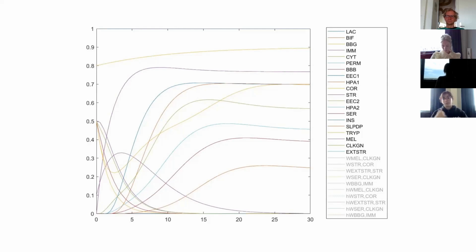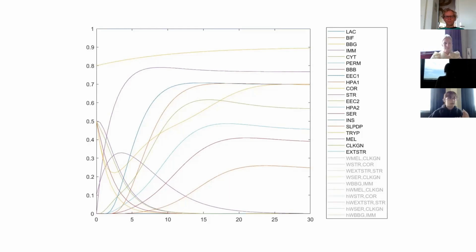So the bad bacteria works on HPA1, and it leads to high levels of cortisol, which means the body perceives the state of stress, which is our X11 state, much higher. And then we have the other enteroendocrine pathway, that is ECC2 and HPA2, which is regulated by the bifidobacteria that is completely absent, and we do not have a serotonin level because our good bacteria in this scenario are completely absent and zero.